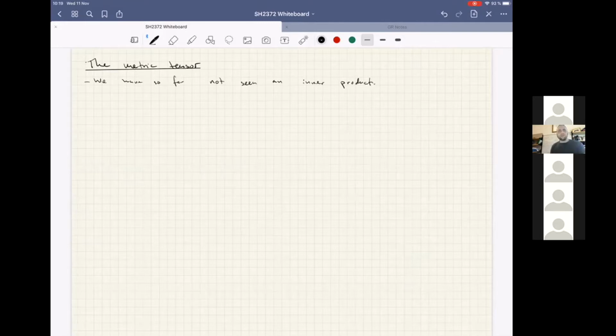So let's start today by looking at the generalization to manifolds. The only linear product we have had, or the only way we have had to map vectors to real numbers so far, has been these dual vectors. So let's just discuss what we want an inner product to satisfy.